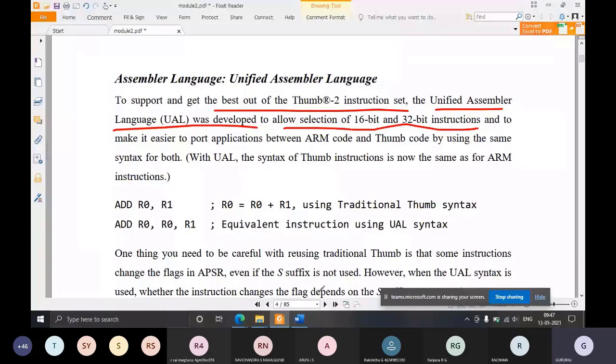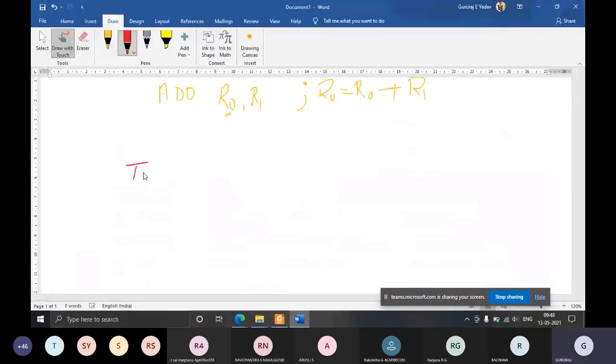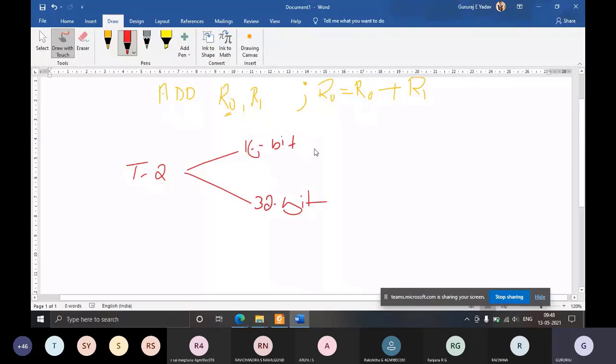In the beginning itself, I told you that Thumb-2, in short denoted as T2, has two types of instructions, 16-bit as well as 32-bit. I explained what 16-bit and 32-bit mean by taking an example. It supports both types of instruction set.